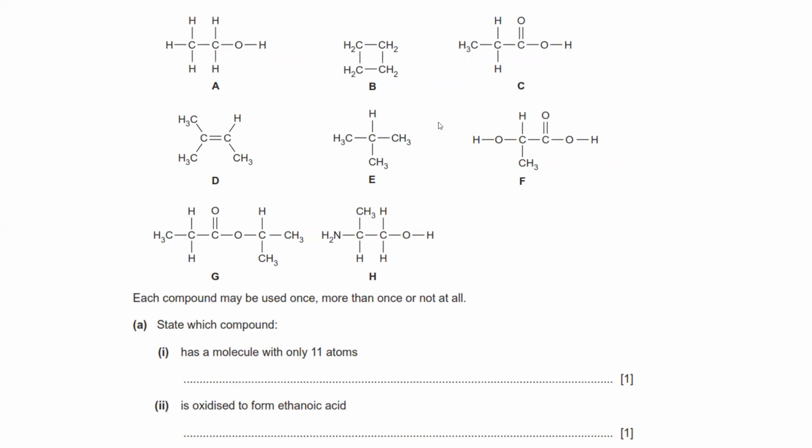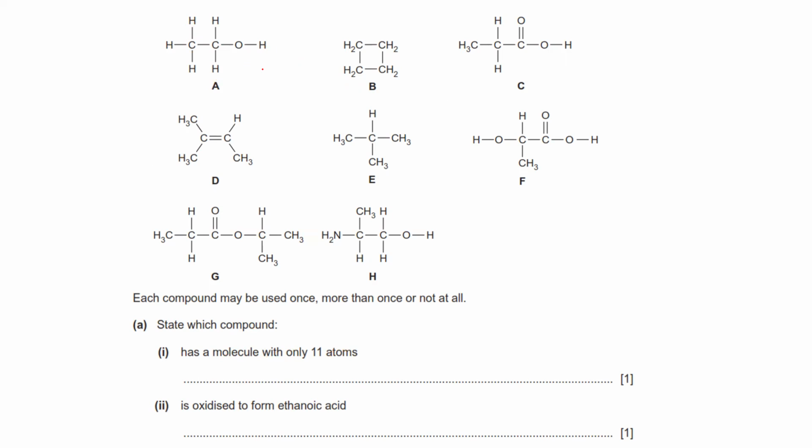Part A, state which compound has a molecule with only 11 atoms. So we just have to count the total number of atoms. For example, in this A, we have 1, 2, 3, 4, 5, 6, 7, 8, 9.